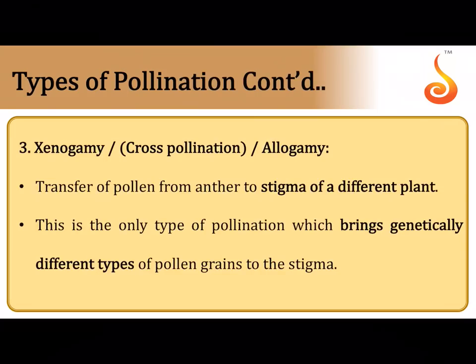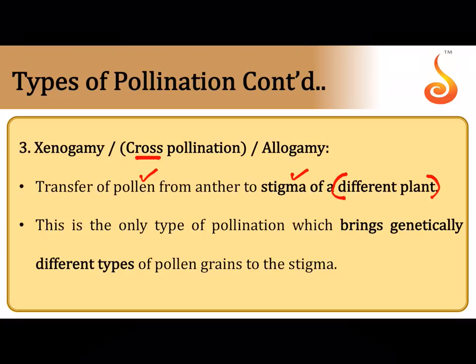Now, xenogamy is a completely different type from both autogamy and geitonogamy. It is called cross-pollination. You can imagine pollen from the anther lands on the stigma of a totally different plant. In the first case, it was same flower. In the second case, it was different flower, same plant.